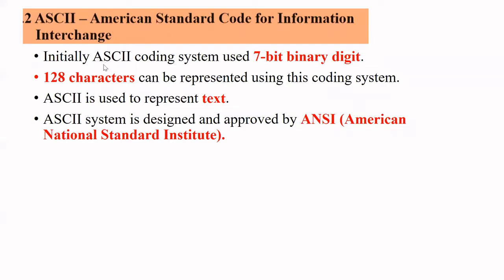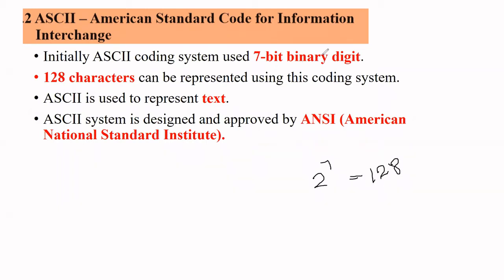Right. Initially, ASCII code has a 7-bit binary digit. 7 bits. So the previous one was 4 bits, then here 7 bits. If it is 7 bits, it represents 128 characters. Why? Because 2 to the power 7 is equal to 128.